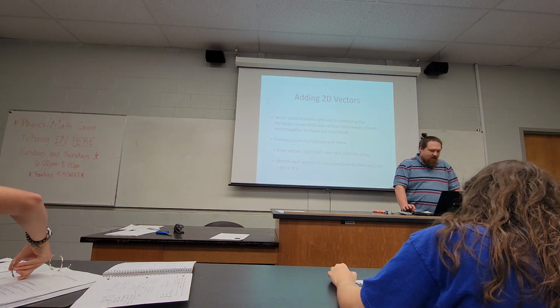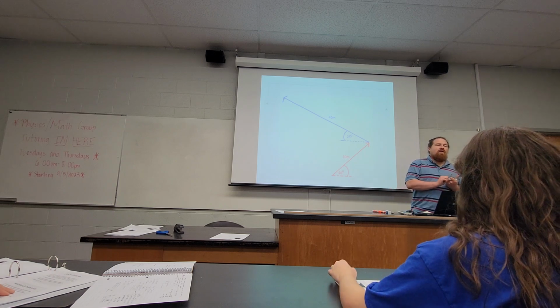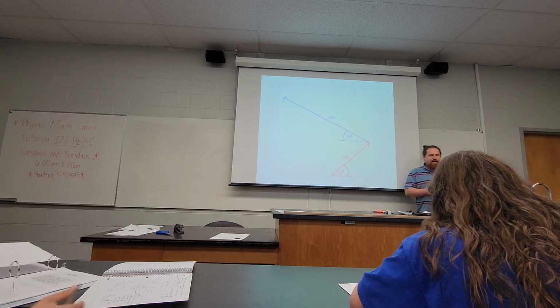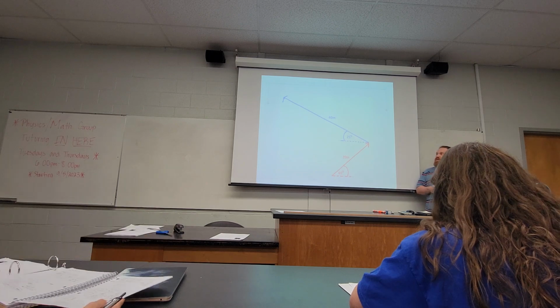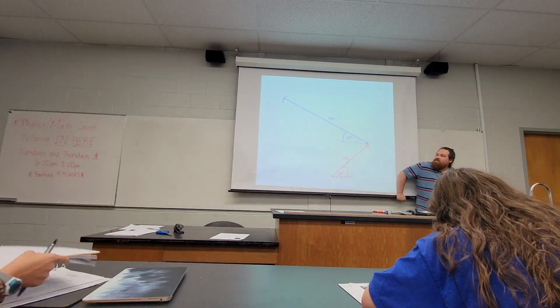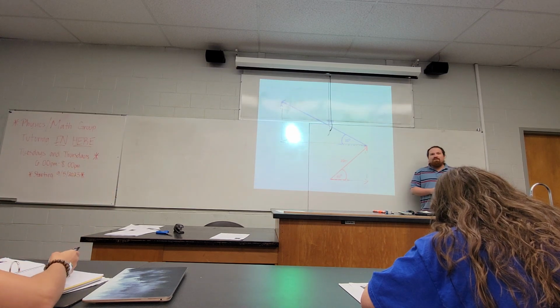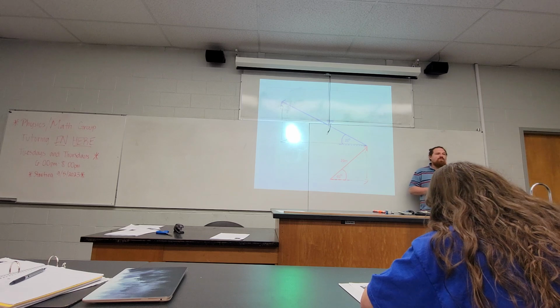But today we're going to start off by adding two vectors that are not entirely x or y. This means, in order to add these together, you have to break them down into their component forms first.